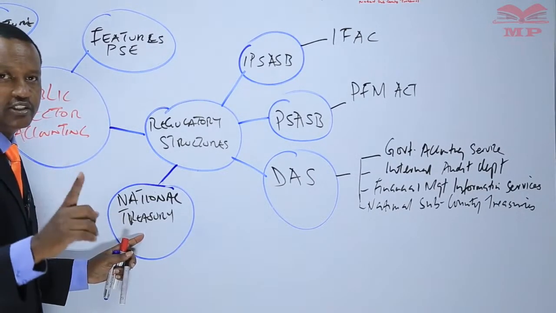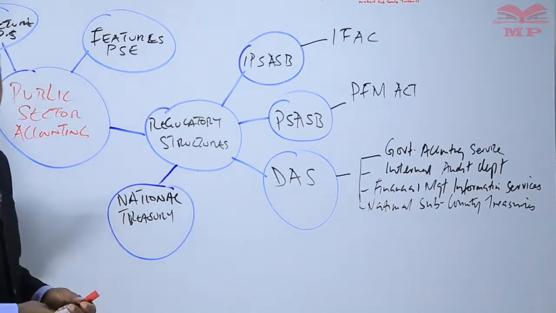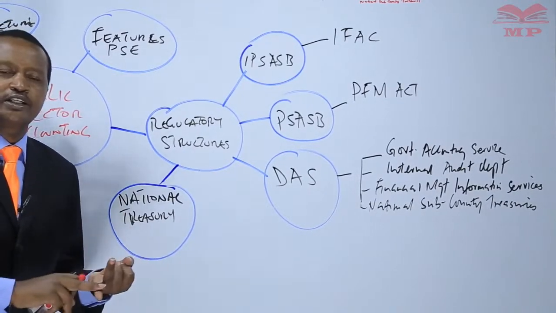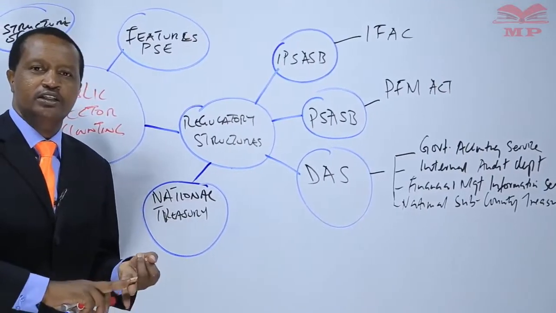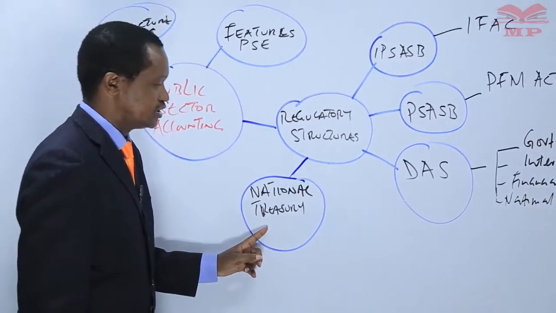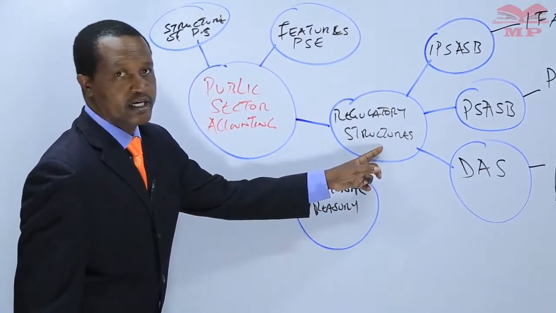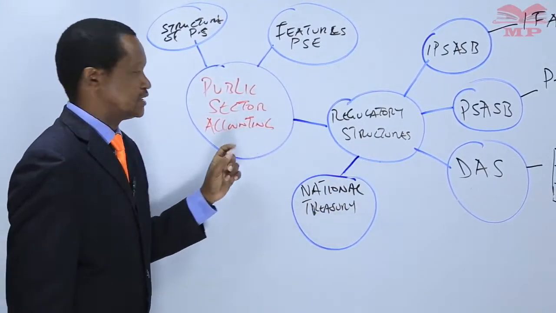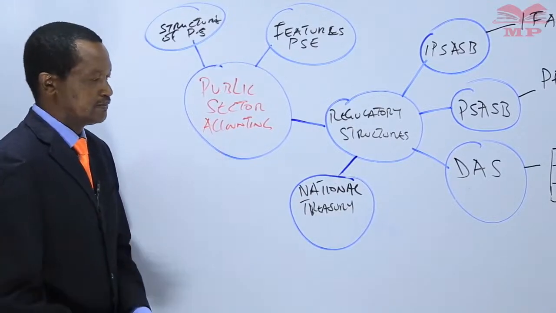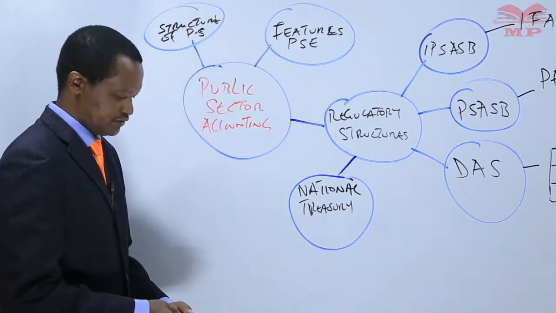And here is the lesson objective. By the end of this lesson, you as the candidate should be able to explain the establishment, the mandate, and the functions of the National Treasury, which is a regulatory structure under public sector accounting. That is the lesson objective.